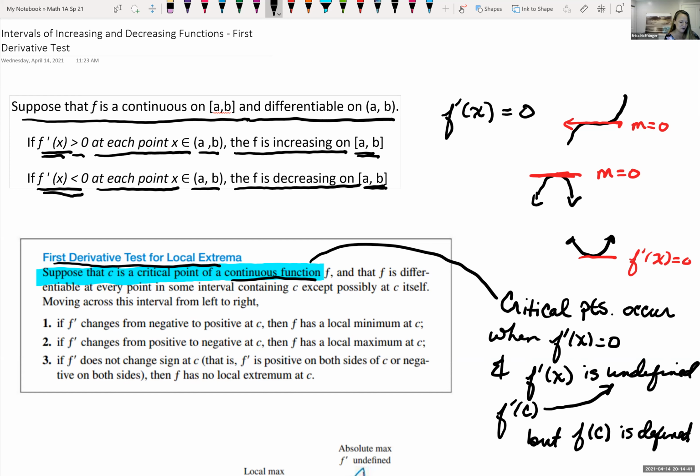So suppose that c is a critical point on a continuous function and that f is differentiable at every point in some interval containing c. But this is important, except possibly at c itself. We'll talk about that in a second. Remember, when we're looking at the graphs, we're always moving from the left to the right, so moving along the interval from left to right.